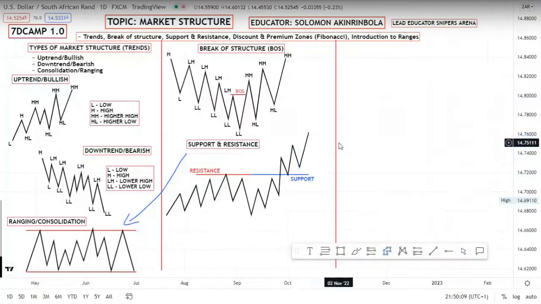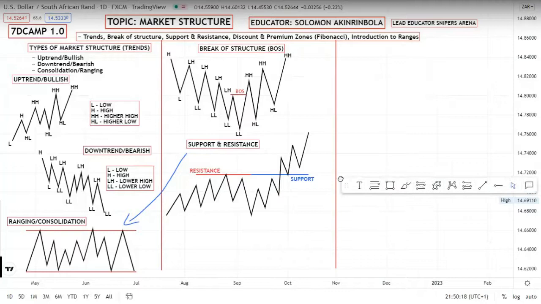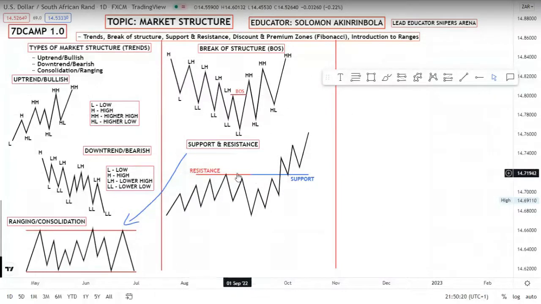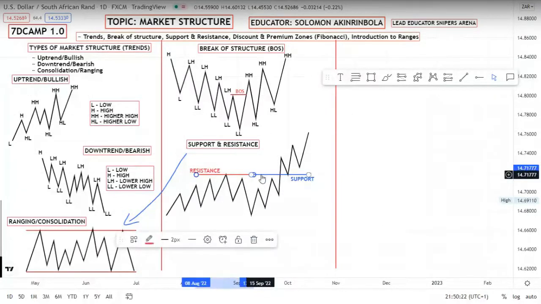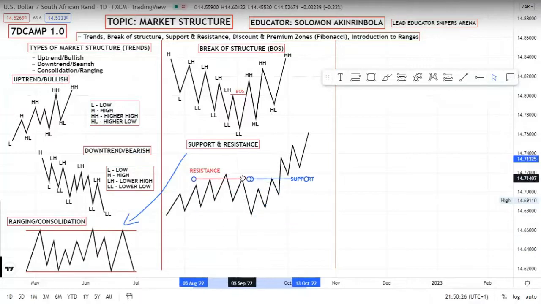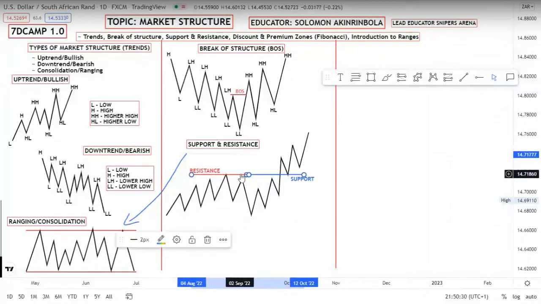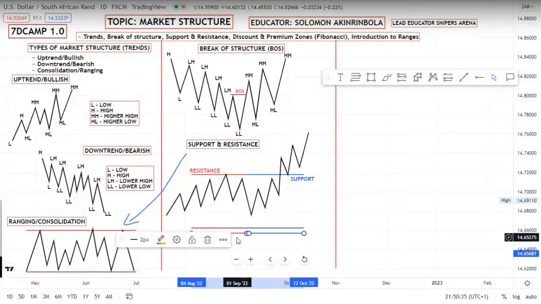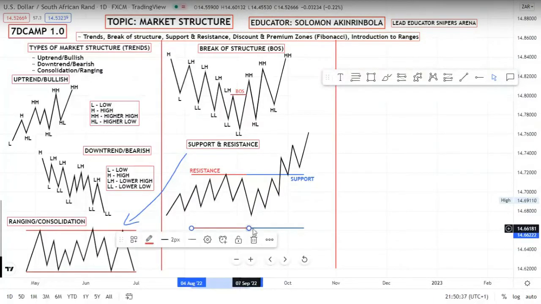So a resistance sent you back and became support. Vice versa, a support can also become a resistance. Let me see if I can quickly work that out for you guys. Just hold on, guys.